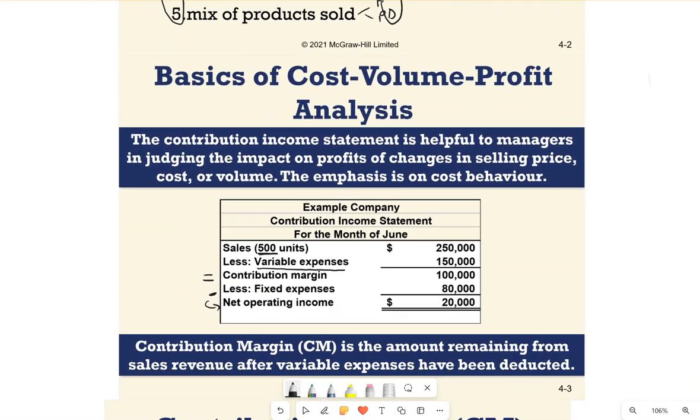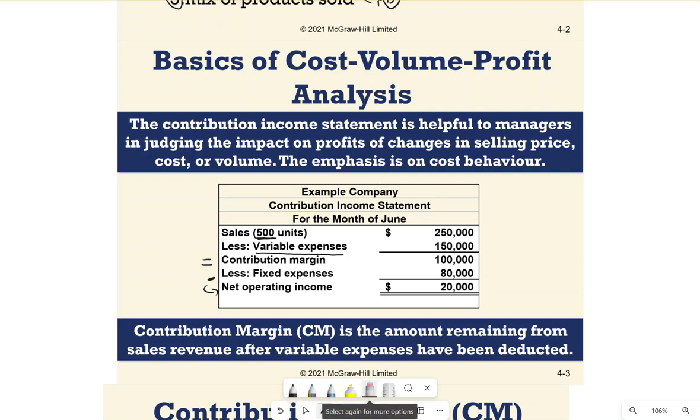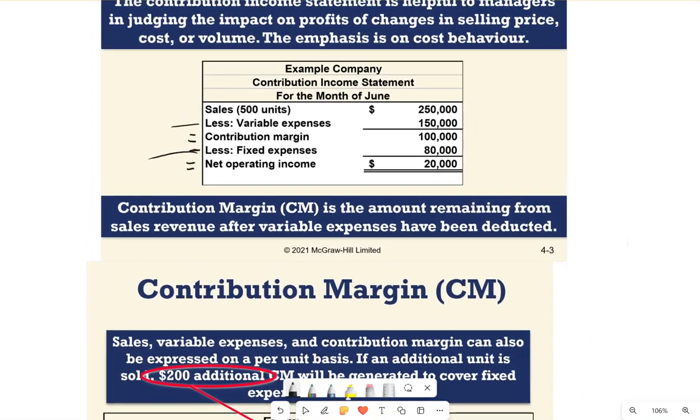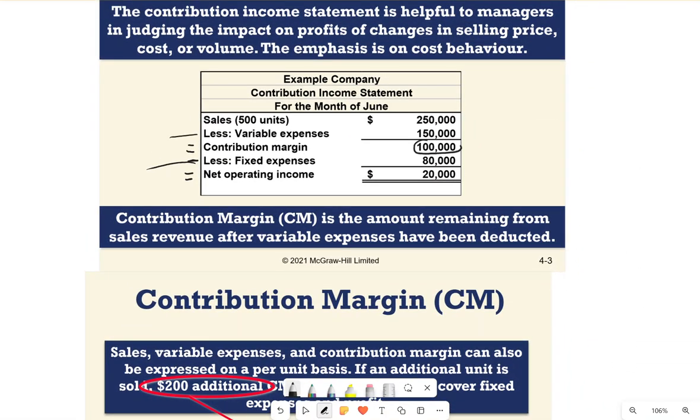Going further, this is the basic that you have seen, and we call it a contribution income statement. You have to separate your variable and your fixed. So sales minus your variable expenses equals your contribution margin, minus your fixed expenses equals your net operating income. The contribution margin means you're buying it or you're making it.